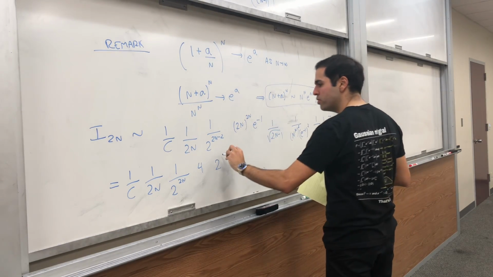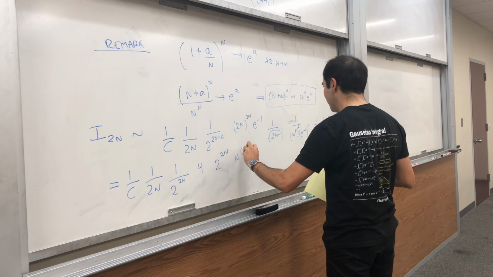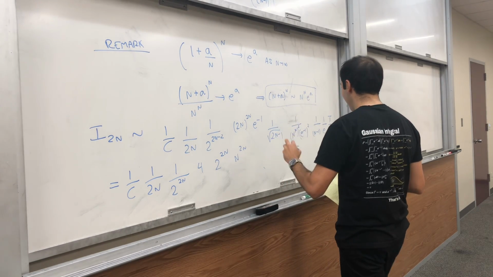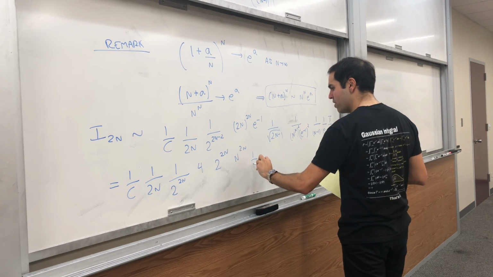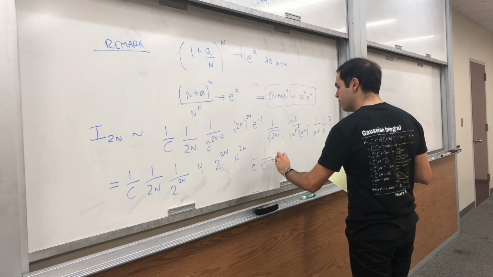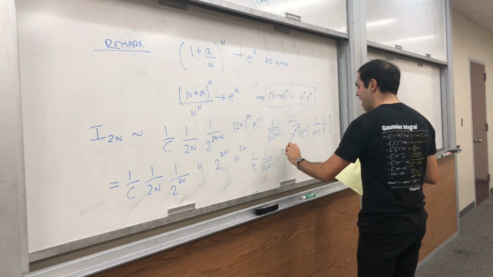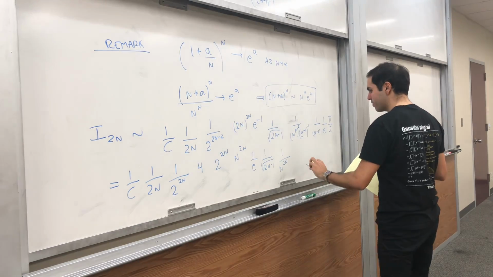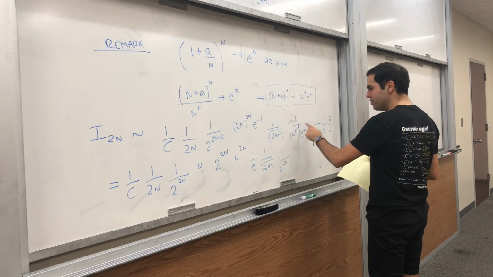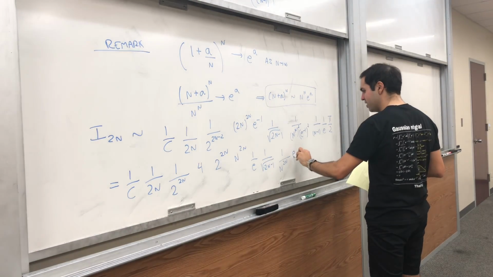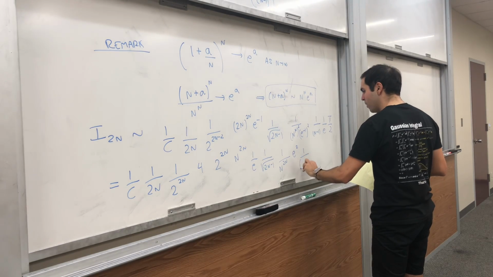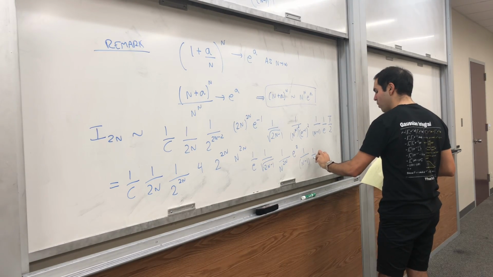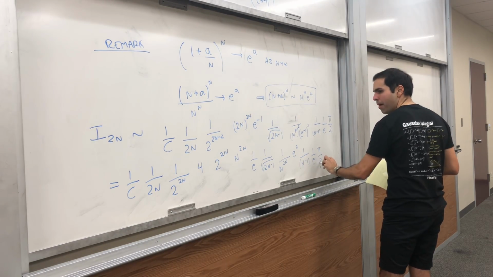This becomes 2 to the 2n times n to the 2n. And then we still have 1 over e, 1 over square root of 2n minus 1, and then 1 over n to the 2n, e to the minus 2 over 1, so that's e squared, and then 1 over n minus 1, 1 over e, and then pi over 2.